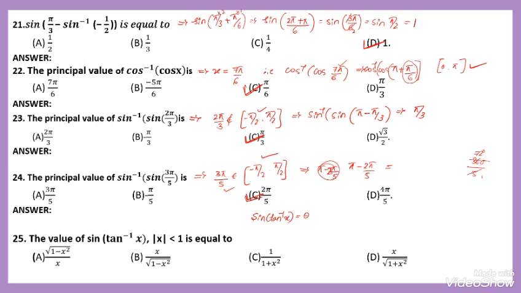Now, tan inverse of x is equal to theta, so I can take tan inverse of x equals theta, and again you will get sin theta. Tan inverse of x equals theta can be written as x equals tan theta, taking the tan function on the right side.